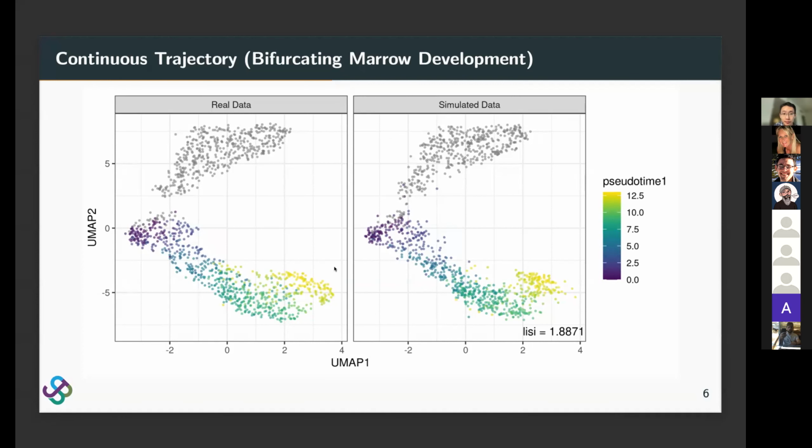If the data are perfectly similar to each other, then this value should be close to 2. Based on our observation, even if you use a training set and test set to calculate this value, it is usually just 1.9. So this means that our simulated data is very similar to the real data.